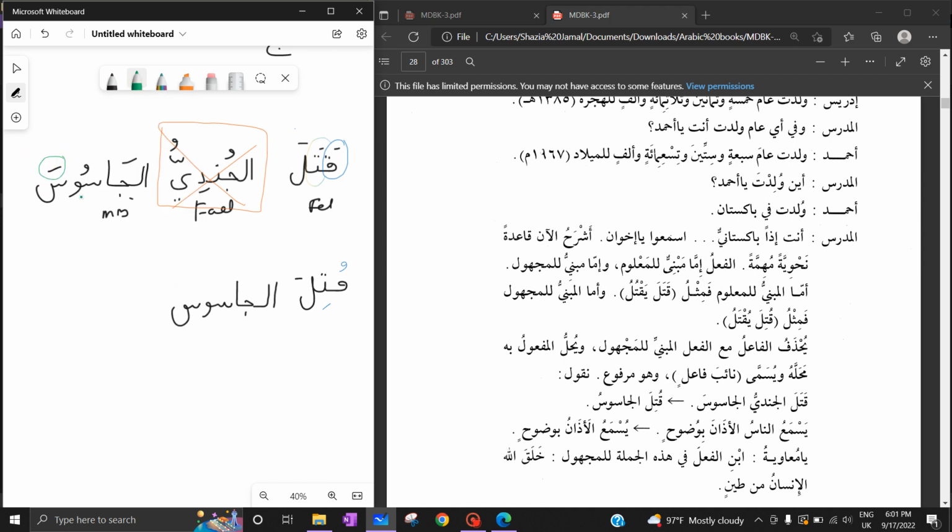It takes the haraka of the fail and becomes jasusu, and this is now called naibul fail. Wahuwa marfu naqul, it is in marfu case, it will have a dhamma.